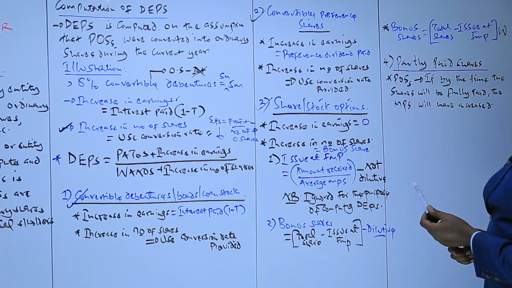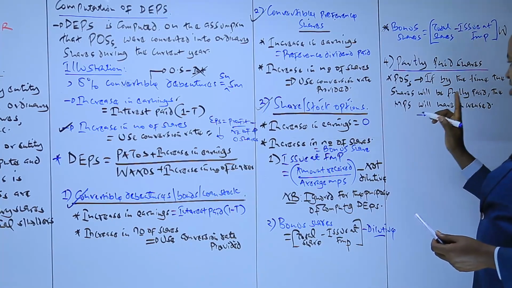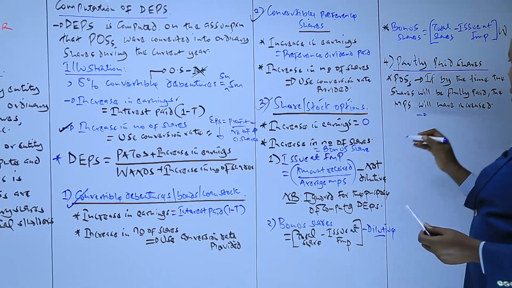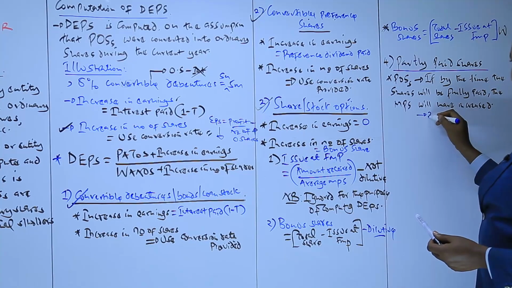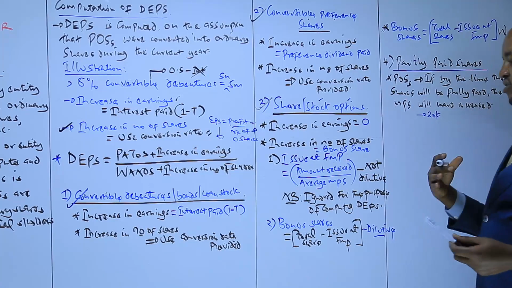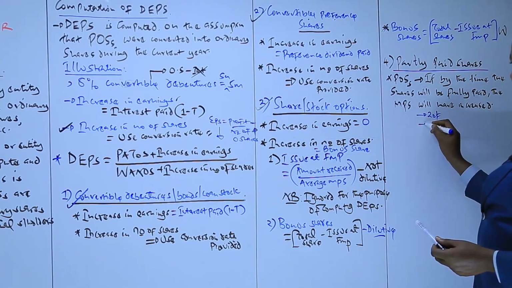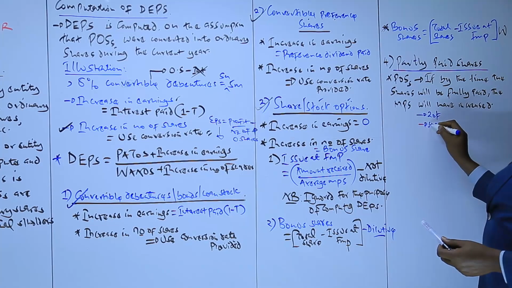Because if, for example, the shares were issued to the employees, to the shareholders, or even to the members of the public at a price of like 20 shillings, and maybe at the end of the year, the shareholders will not have fully paid for their shares. Let's assume that those shares which will not be fully paid for at the end of the year are 1 million.